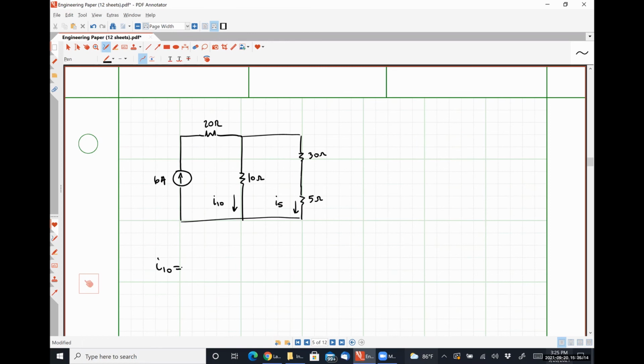So with that in mind, what should our equation for I-10 be? 6 amps, which is the amount of current that's flowing into our parallel resistor network, okay? What comes next? 1/10 ohms, all right. What comes next? 1/10.